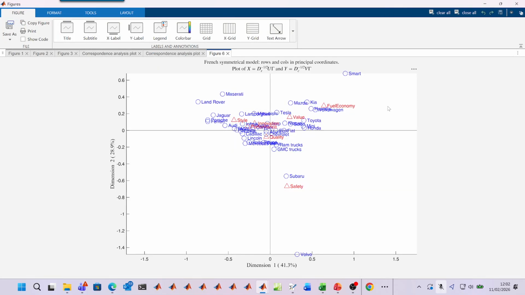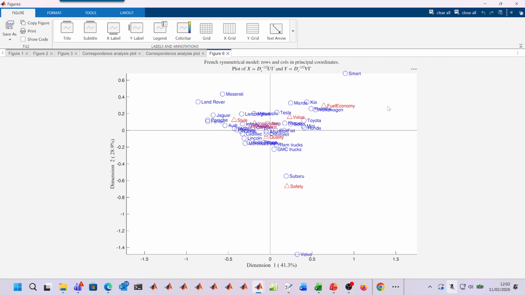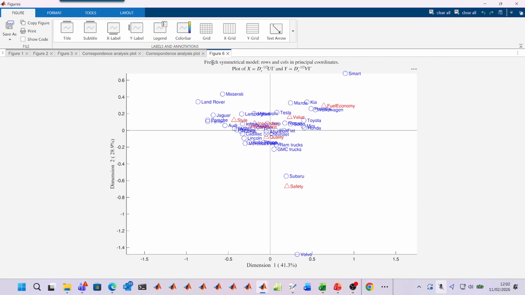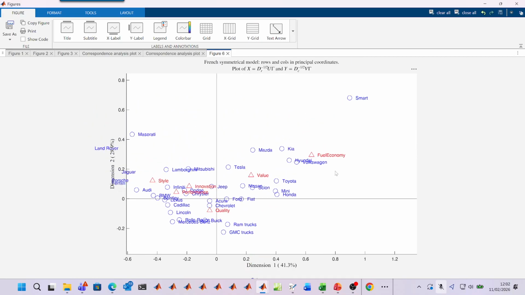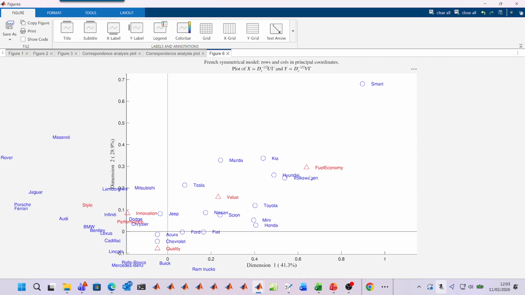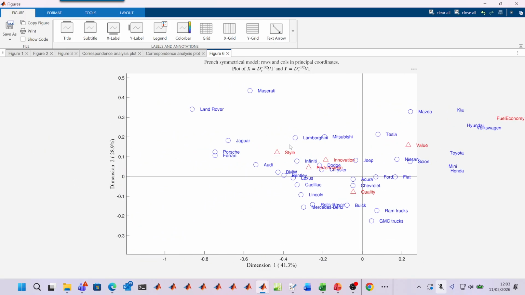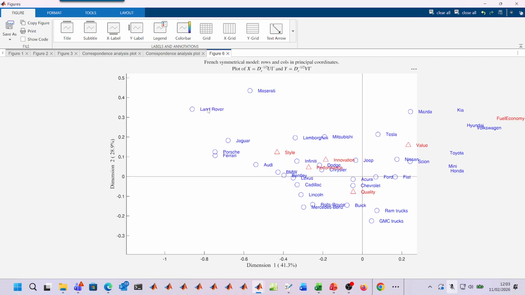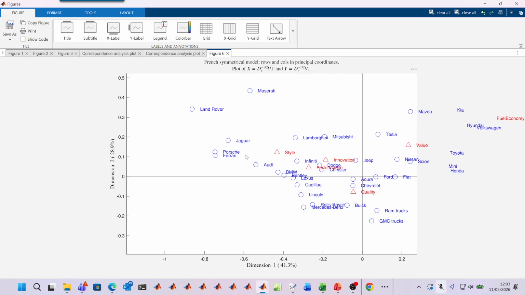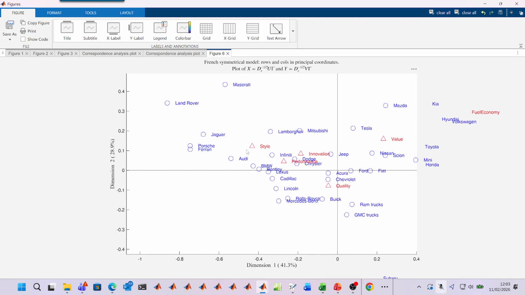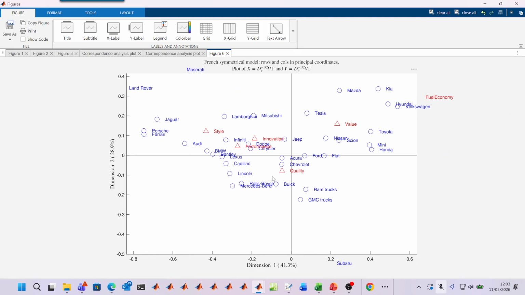Okay. Fuel economy, and then here it says that it is associated with the Hyundai, Volkswagen, Kia, Mazda, and then style, Lamborghini, Jaguar, Land Rover, Maserati, Porsche, and Ferrari. You see.